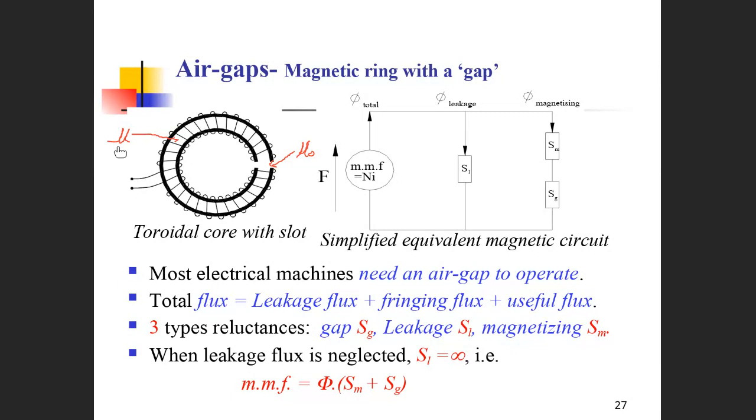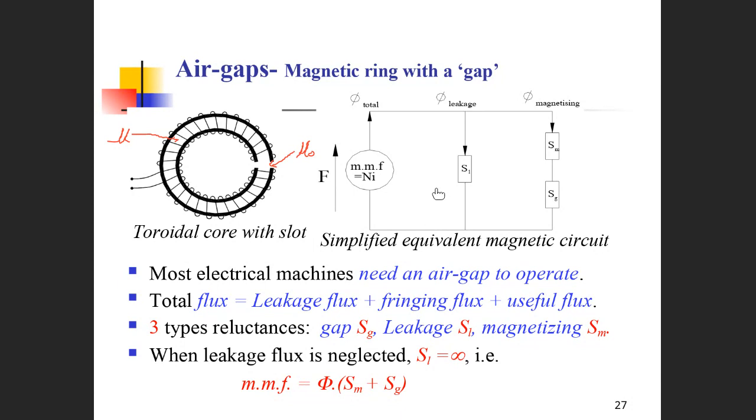As a result, because mu0 is small, the reluctance in the air is big, and the reluctance in the material is small. So when we draw this ring as a magnetic circuit, we have three reluctance components.